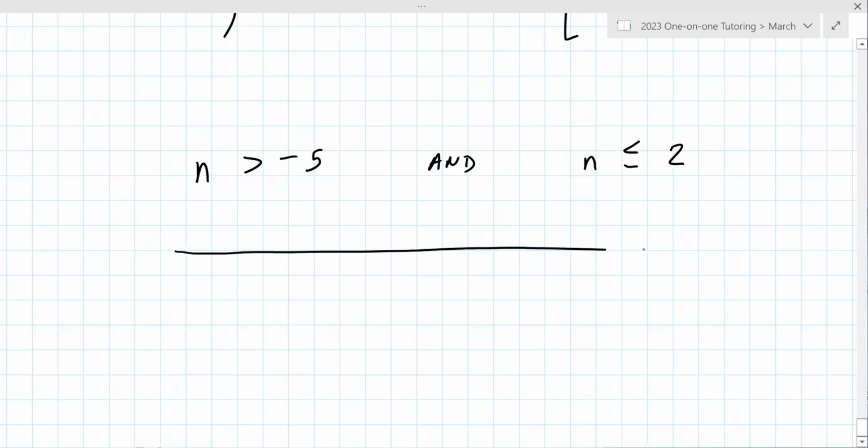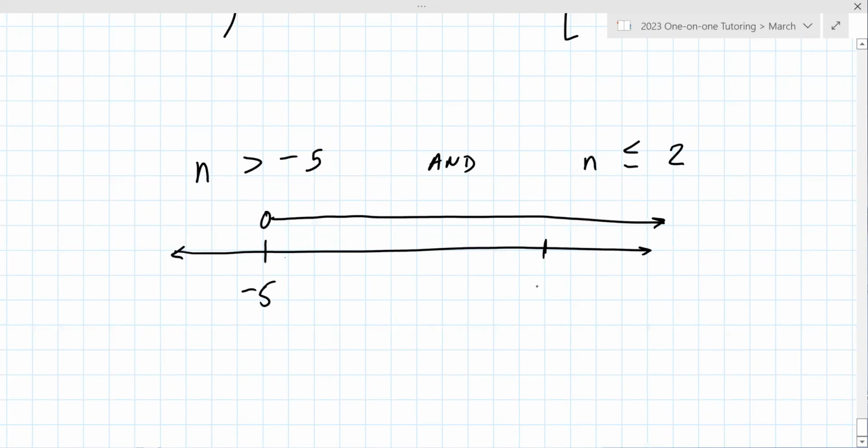Okay, so we were working on a problem where the result was n greater than -5 and n less than or equal to 2. I was trying to show you on a number line the graphing of these. So here's -5, that means all the numbers to the right of -5.